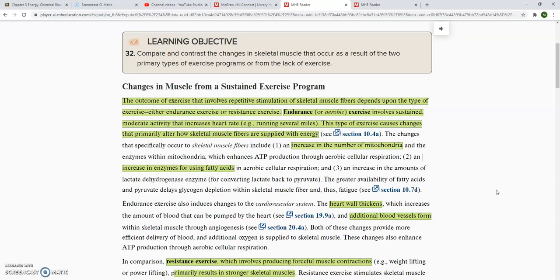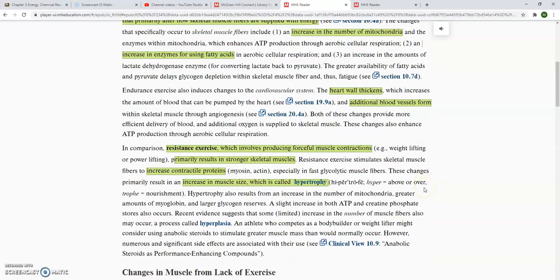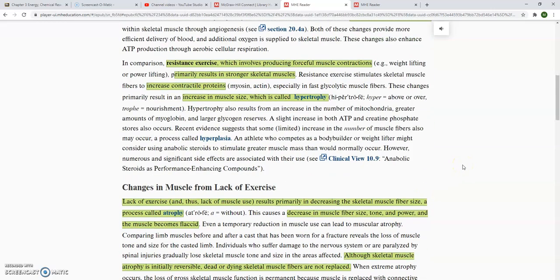The other type of exercise is resistance exercise. That's more like weightlifting. And that is where you get more increase in the power and size of your skeletal muscles. So what happens is the more resistance exercise that you do, it stimulates your skeletal muscle fibers to produce more of your proteins, so like your myosin and actin.